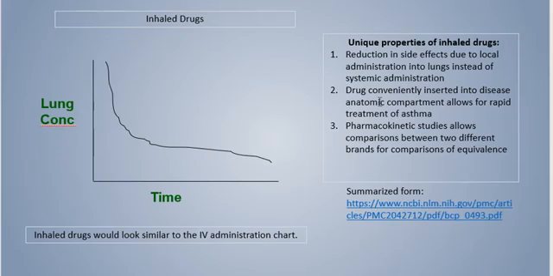In terms of pharmacokinetic studies, we can get a good tight control, and we can compare the 2 or 3 different brands to determine which ones are essentially biologically equivalent. These are unique properties of inhaled drugs from a pharmacokinetic standpoint, and that satisfies either the last or the second to last learning objective.